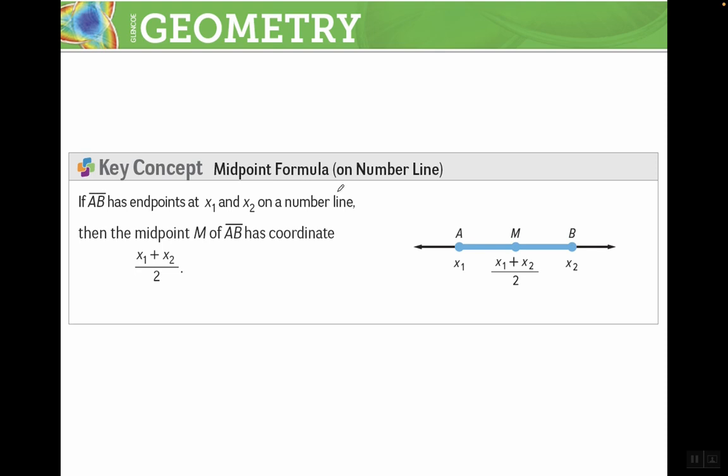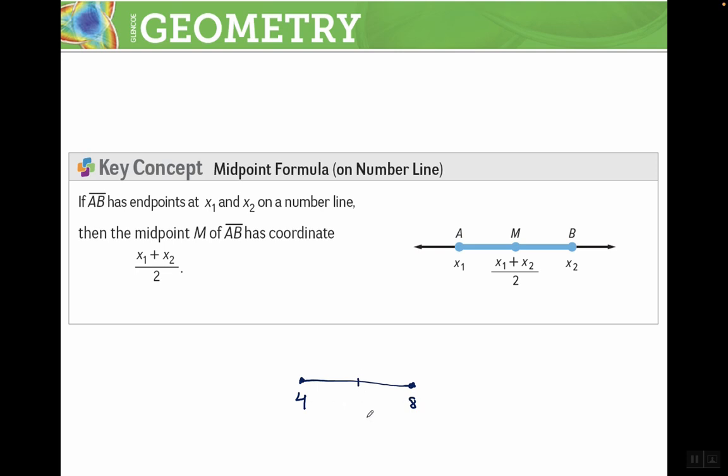This part we're skipping a little bit because it's actually pretty much common sense. It's saying if you have a point on a number line, like say this is 4 and this is 8, and it wants you to find the midpoint. Well, you guys know that you're just averaging those numbers to find the midpoint.